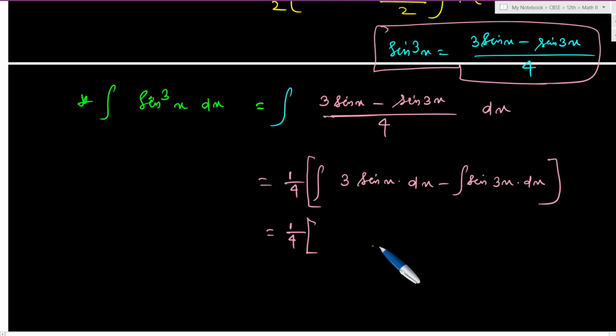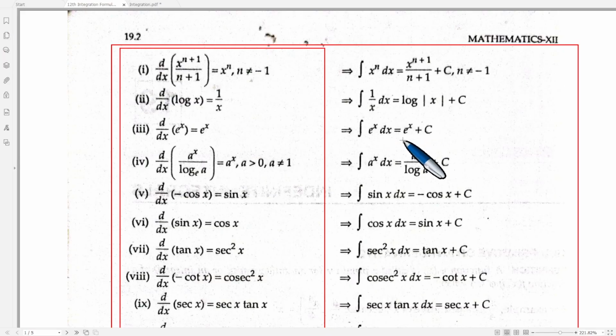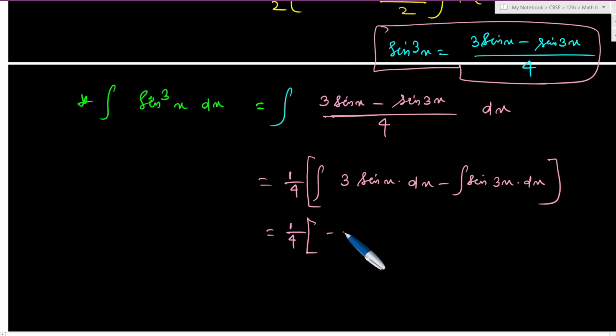1/4 होल ब्रैकेट रखो, 3 sin x कितना हो जाएगा, 3 से 3 वही होगा। तो sin x का इंटीग्रेशन देखो कितना है, माइनस cos x, तो ये आएगा -3 cos x। और यहाँ पे माइनस साइन है। sin 3x का फॉर्मूला क्या हो गया, अगेन माइनस cos 3x divided by 3.